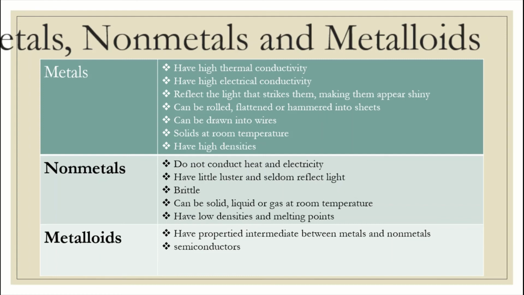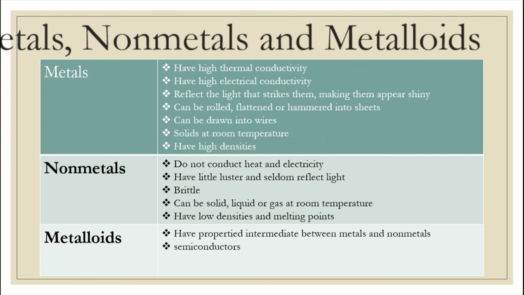Especially the gold, it's very expensive. We use it as an investment nowadays, and it's a beauty, you know. Metals can be rolled, flattened, or hammered into sheets because, for example, gold is soft. Malleable. Can be drawn into wires, solids at room temperature, and have high densities.